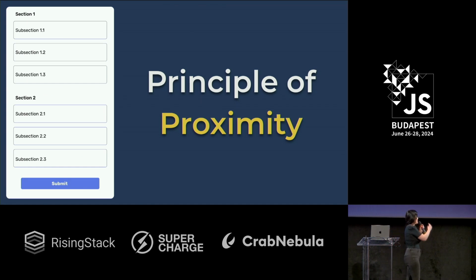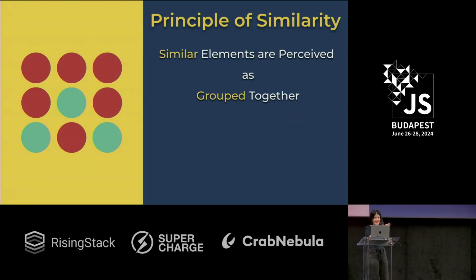Instead of adding a divider between section 1 and section 2, we just add a little gap between the sections, and our brain will automatically know: okay, those are close together, so they are one part, they're related, and the things that come underneath after the gap are a totally different section. So we don't need to add any lines to divide the sections. It's much more aesthetic. Do you agree? Yeah, okay. I will take silence as a yes.